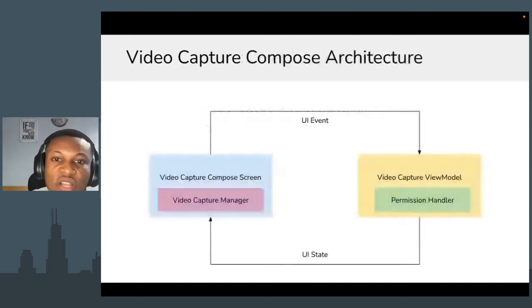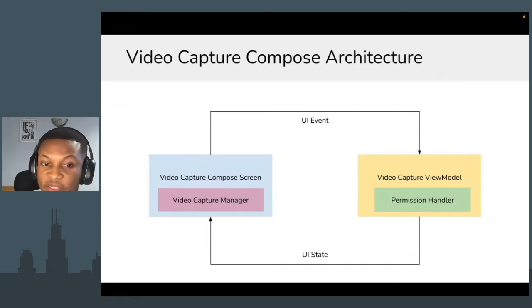Now, what does our architecture look like for this? This is just a typical compose architecture that you'll see in Google docs or Google links. It's everywhere. It uses the state-driven unidirectional data flow architecture. So we have the view and then the compose screen.